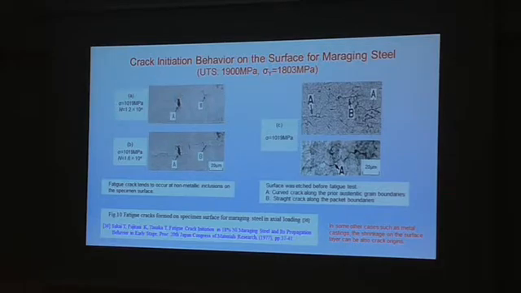The right-hand side indicates several cracks formed on the specimen surface, and we can observe curved fine cracks along the prior austenite grain boundary, and sometimes we can observe straight fine cracks along the packet boundary. Packet means some grains inside one grain. Okay.